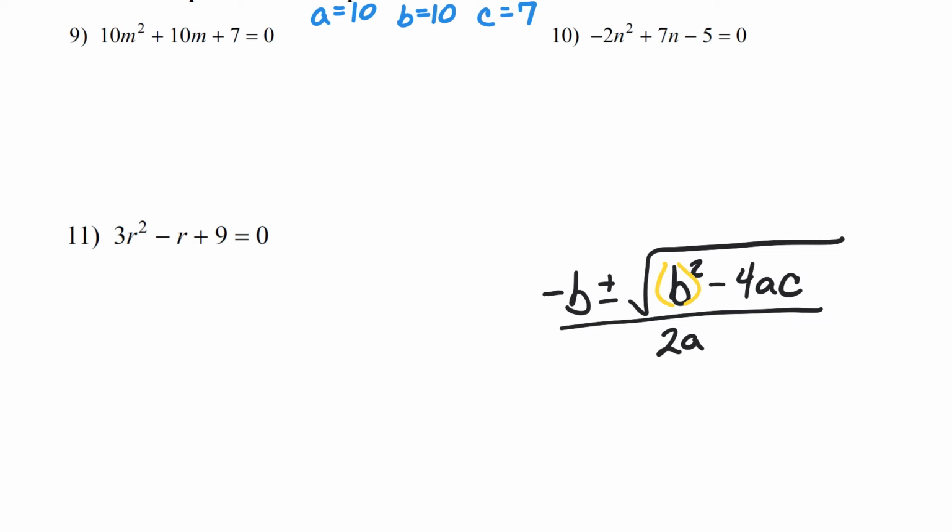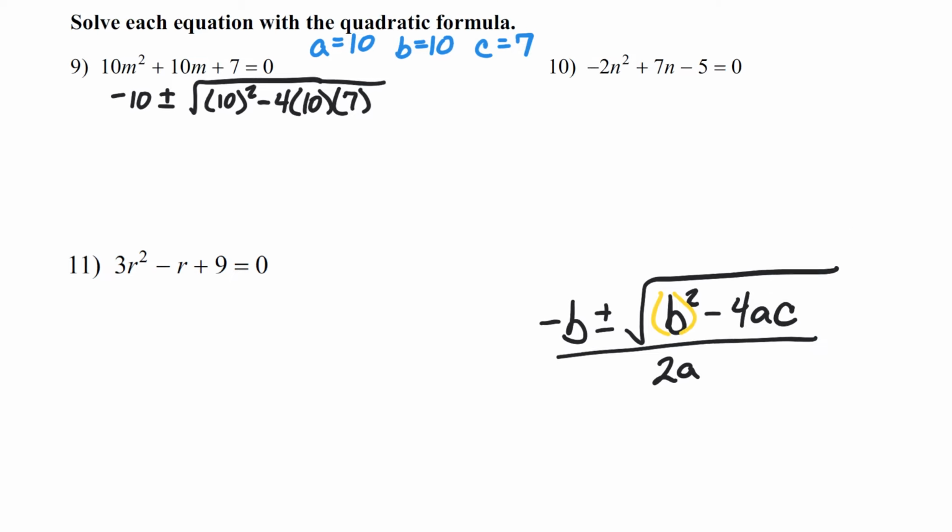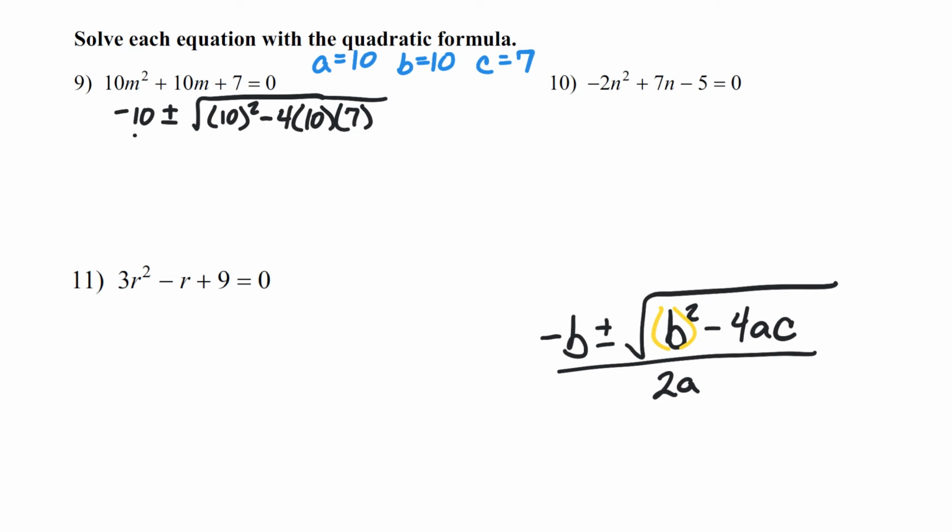So I'm going to plug this into my formula: opposite of b, plus and minus the square root of, here comes the parentheses, even though this one doesn't technically need it, minus 4 times a times c, all divided by 2a.